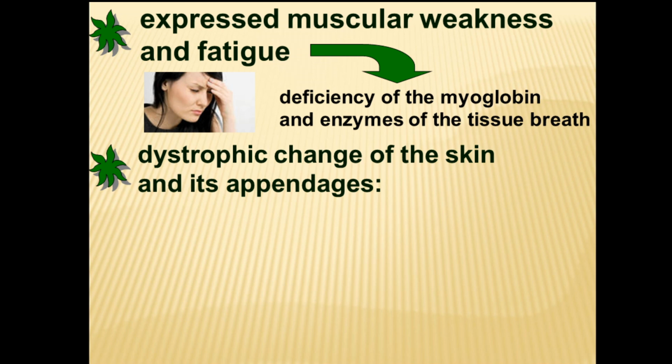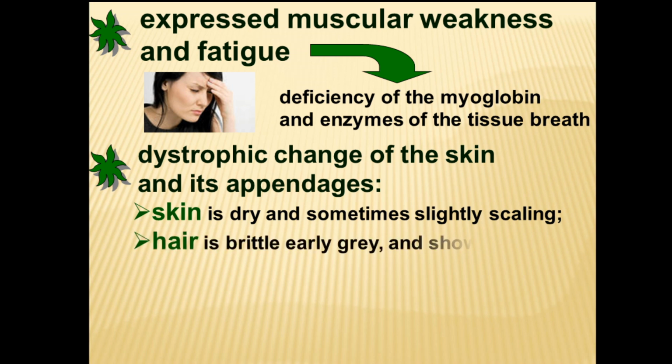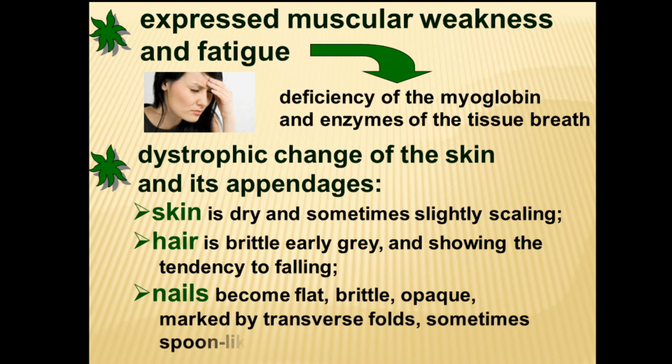Then the patient may pay attention to dystrophic changes of the skin and its appendages. First of all, it is characteristic for women, because the skin becomes dry, sometimes slightly scaling. Hair is brittle, early gray and shows a tendency to falling out. Nails become flat, brittle, opaque, marked by transverse folds, sometimes spoon-like.